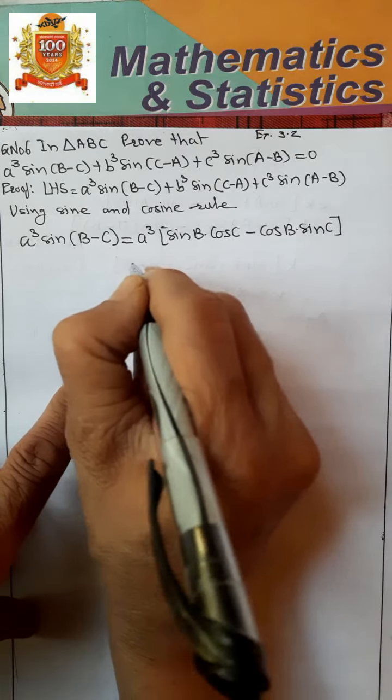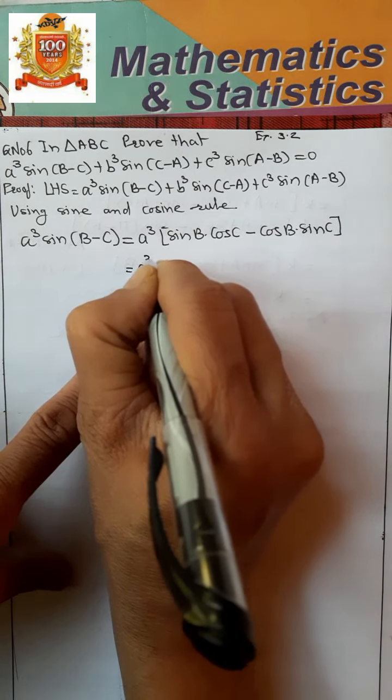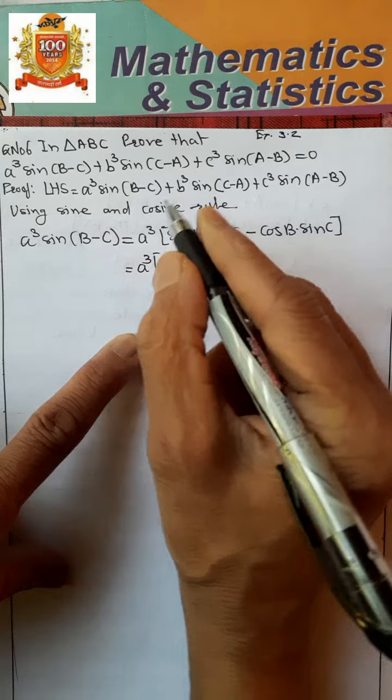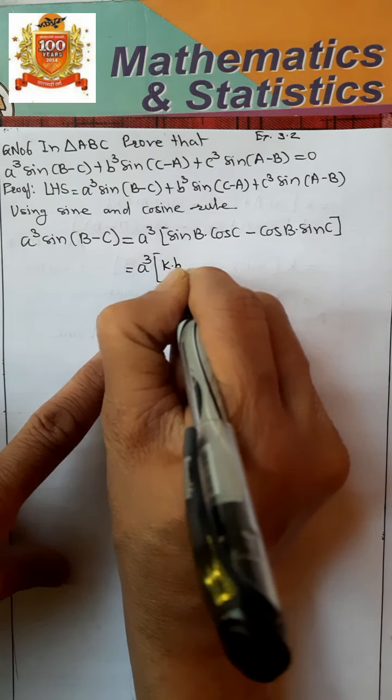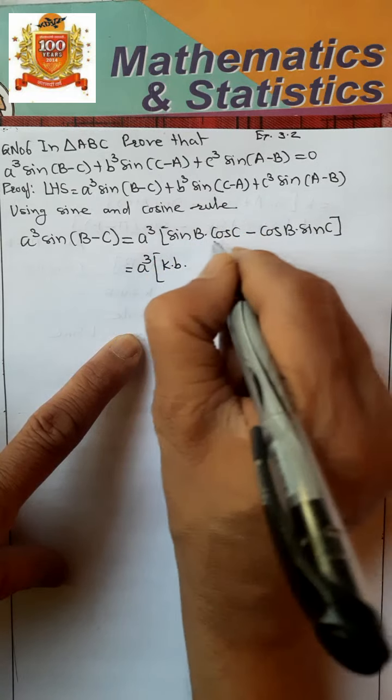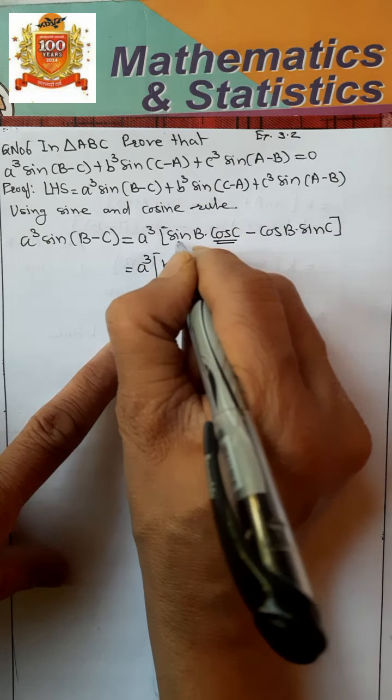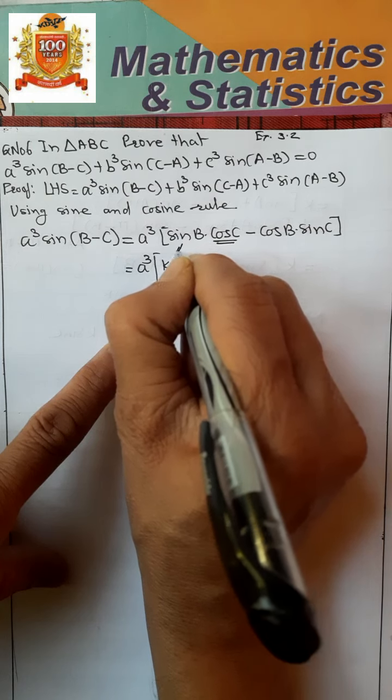Isn't it? Now a cube as it is in bracket, sin b means k into b, by using sine rule.